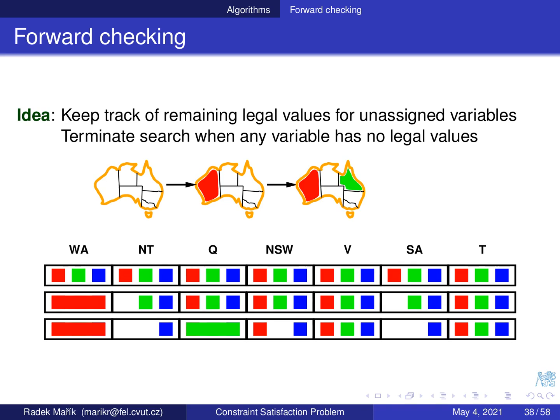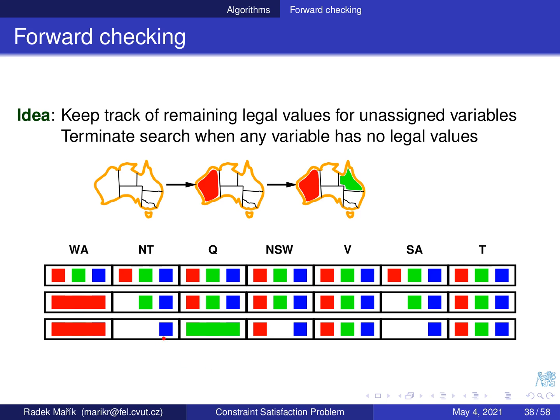Can we propagate it further? Yes. If we assign in the next step green to Queensland, then NT cannot use green anymore, and also SA cannot use green anymore, and the same is for New South Wales here, that cannot use green.